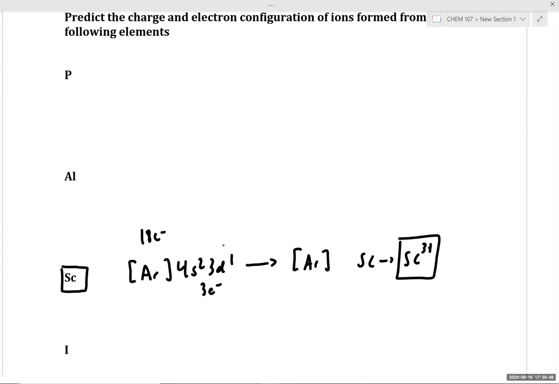Does that make sense? Yes, I didn't realize, I was counting up to 20, so I didn't realize it's 21. No problem. Let's try to get a few more responses in the chat for the predicted charges of each of these ions, and then we'll discuss in about another minute.